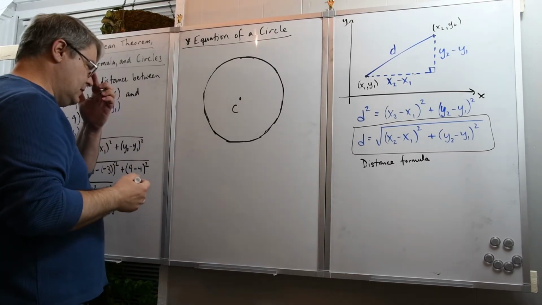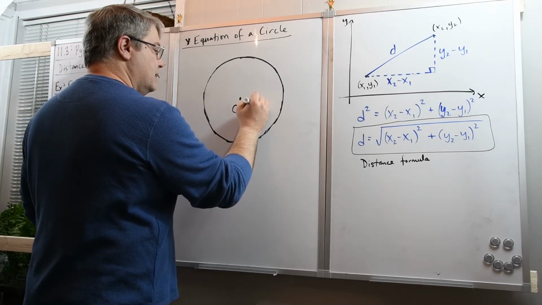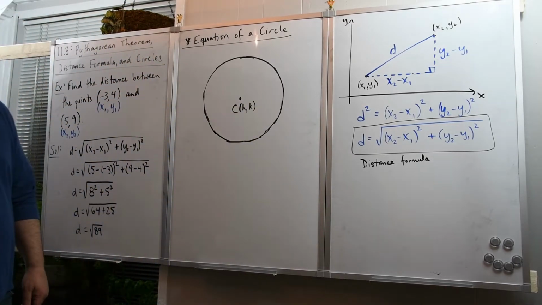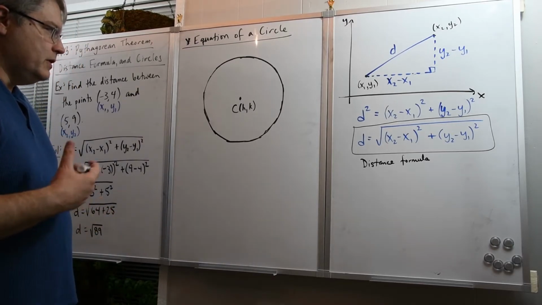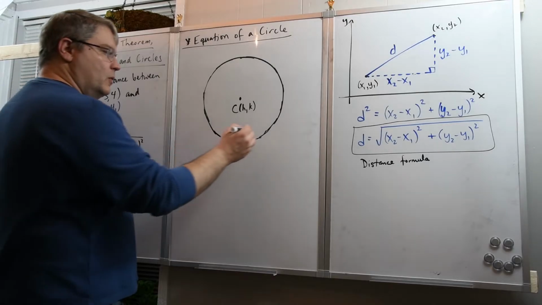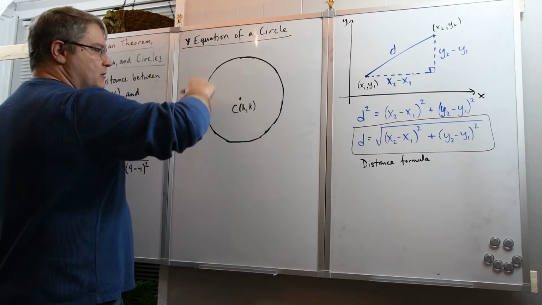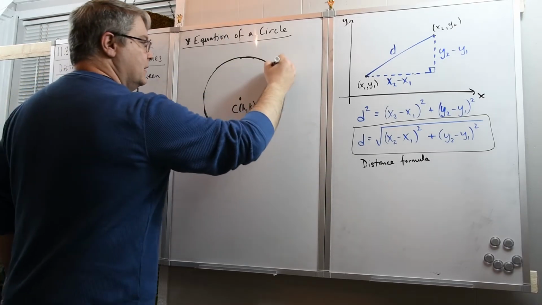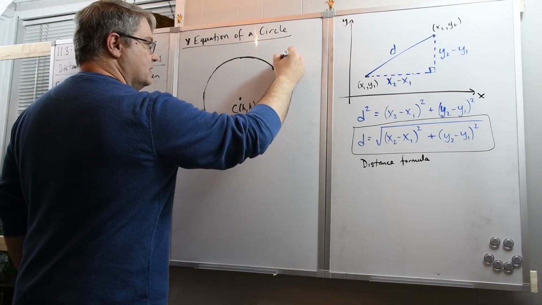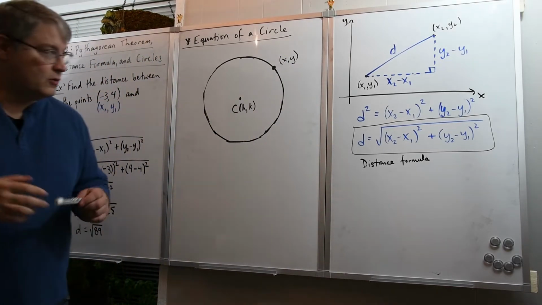And a lot of times in different books, you'll see the letters H and K representing the coordinates of the center of the circle. But what we're interested in is figuring out, well, what does an arbitrary point on the circle look like? And so we can sort of randomly pick some sort of point if we want to, maybe stop here. And this will just be some arbitrary point on the circle. And we're going to give it coordinates x and y.